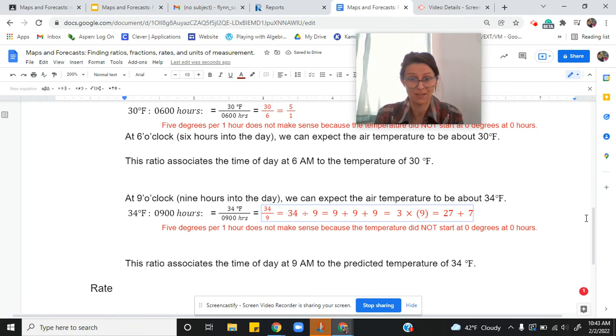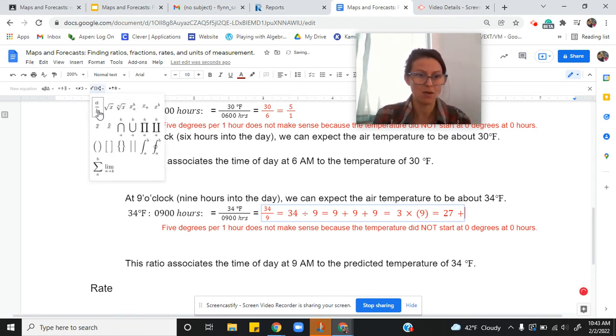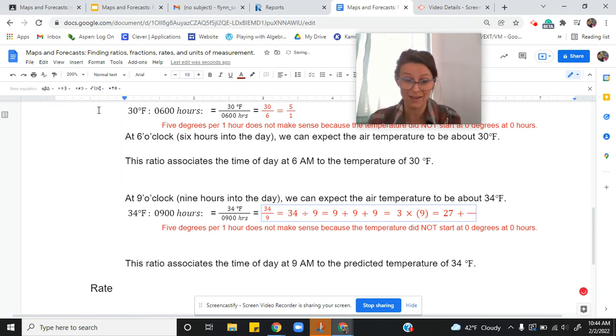It was 7 ninths. So then we can say we multiplied 9 by itself 3 times to get 27, but to get to 34, I need 7 more. 7 what? 7 ninths.